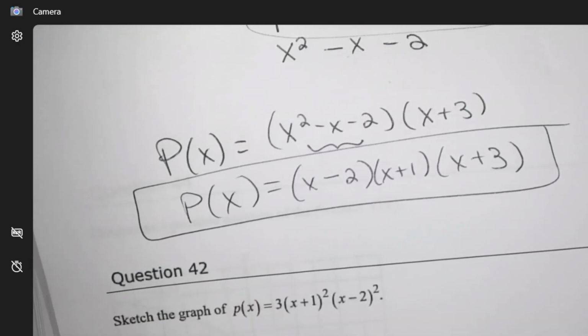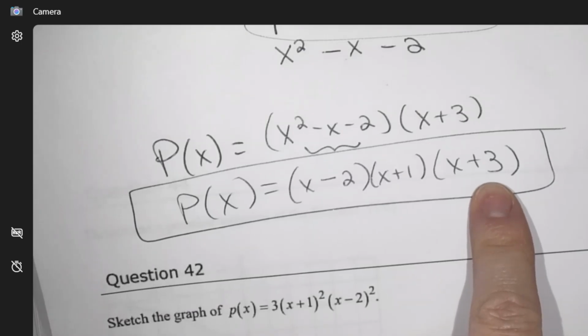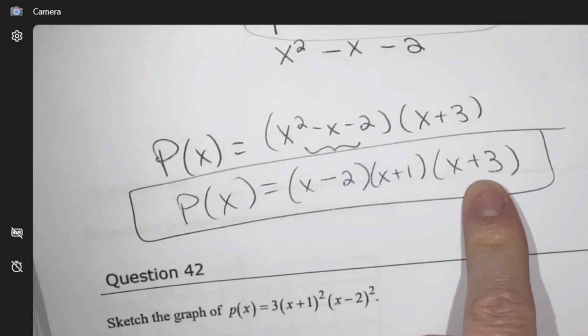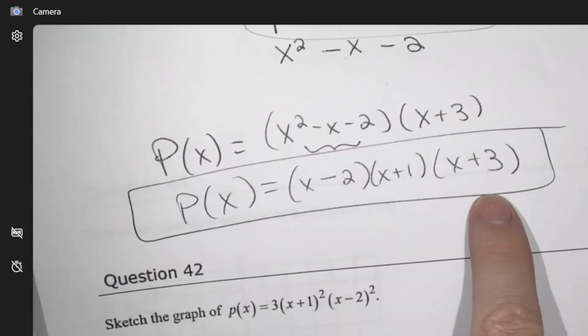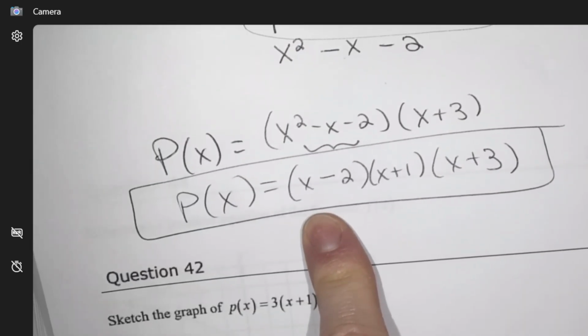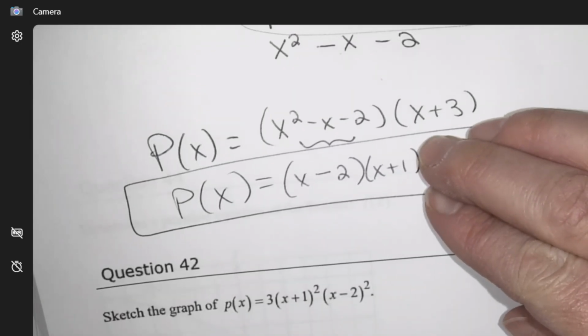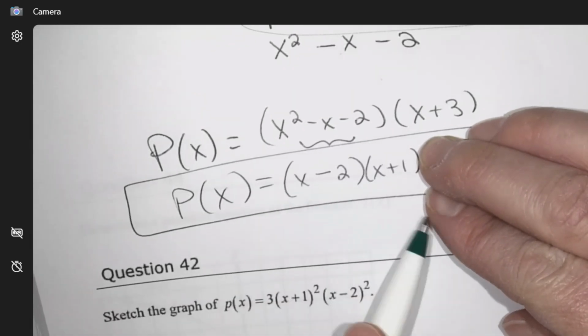Another common mistake is that people forget to bring this x plus 3 with it. You should know x cubed was my original. I need to make sure there's 3 x's when I times. So if you forgot that, that's a red flag because you only have an x squared as a times total.